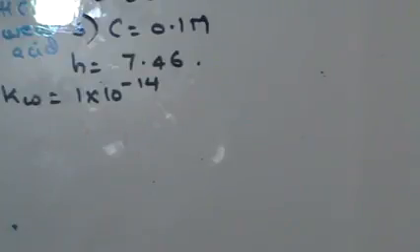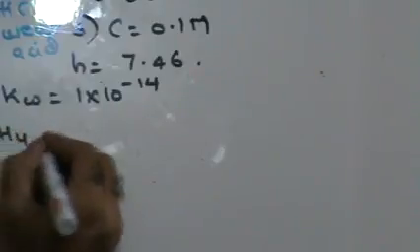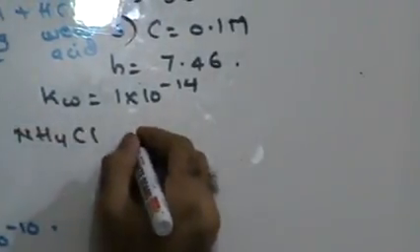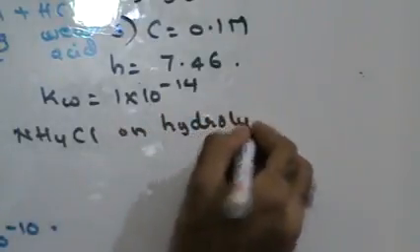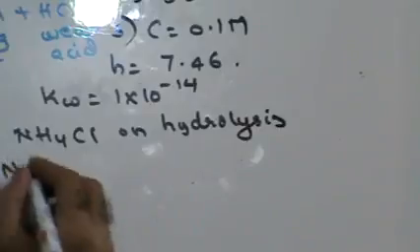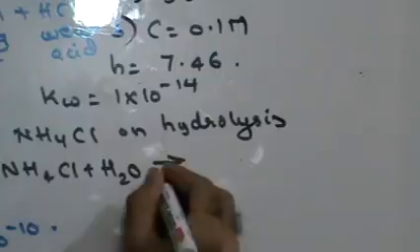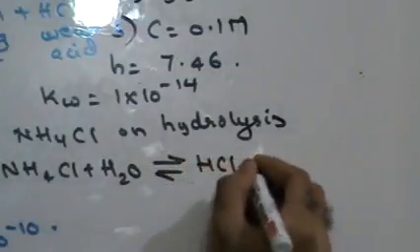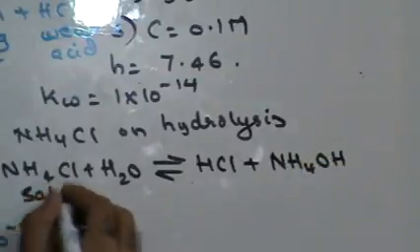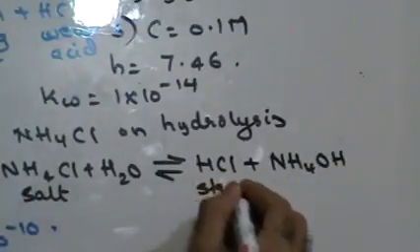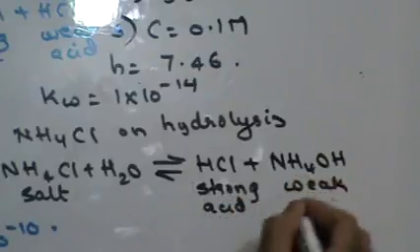Now first of all we are taking a solution of ammonium chloride. Ammonium chloride on hydrolysis will give you hydrochloric acid and ammonium hydroxide. Hydrochloric acid is a strong acid, ammonium hydroxide a weak base.